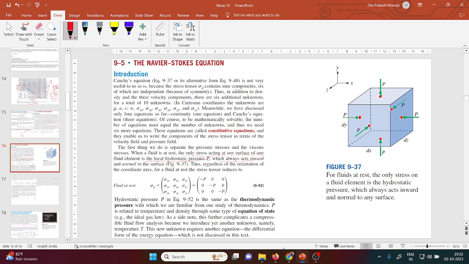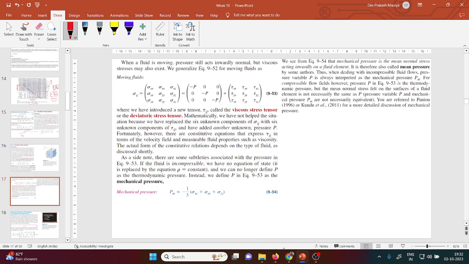So the concept is that when the fluid is at rest, the pressure is acting normal to the surface. But when the fluid is moving, what changes? When the fluid is moving, the pressure still acts, whatever was acting on the normal. But viscous stress may also exist when the fluid is moving.